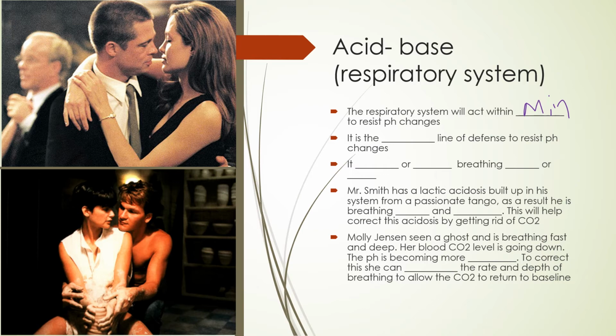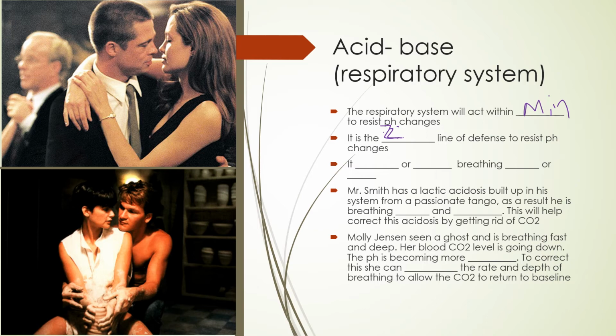So what it does is, this is the second line of defense to resist pH changes. Your first line of defense being the chemical buffer system. If the chemical buffer system doesn't make it into a weak enough acid where the pH is not sort of buffered, then we go to the respiratory system, and this is where you start breathing hard, right?